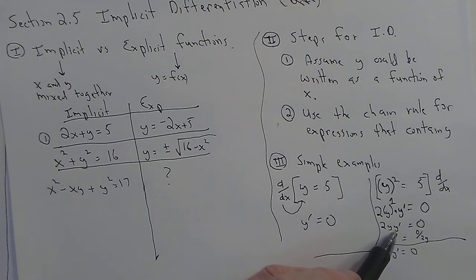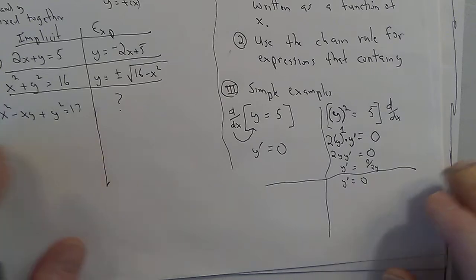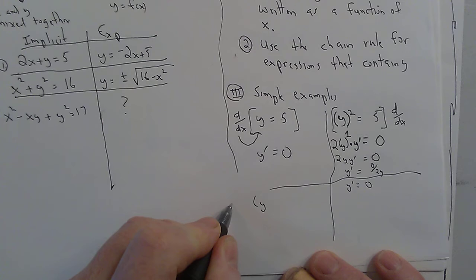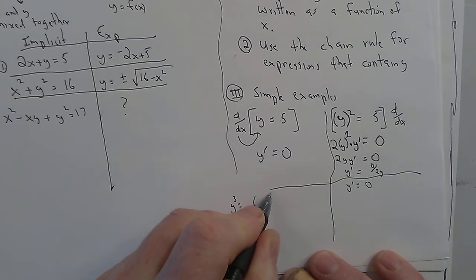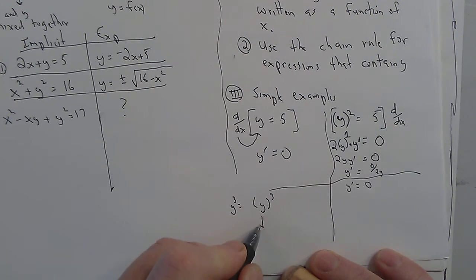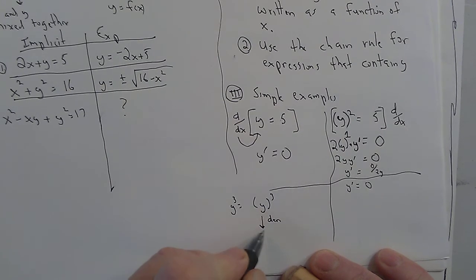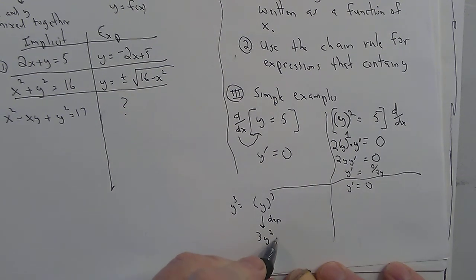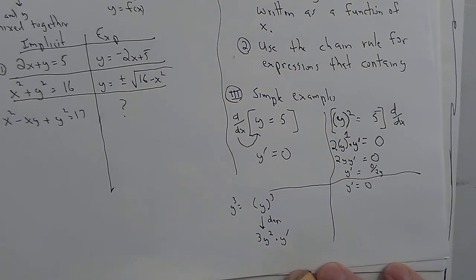So with powers of y, the chain rule always comes into place. If you had an expression with y cubed, you could think about that as being something cubed, so its derivative would be 3 times what's inside parentheses, reduce the power by 1, and then chain onto that the derivative of the inside function, which is just y prime.